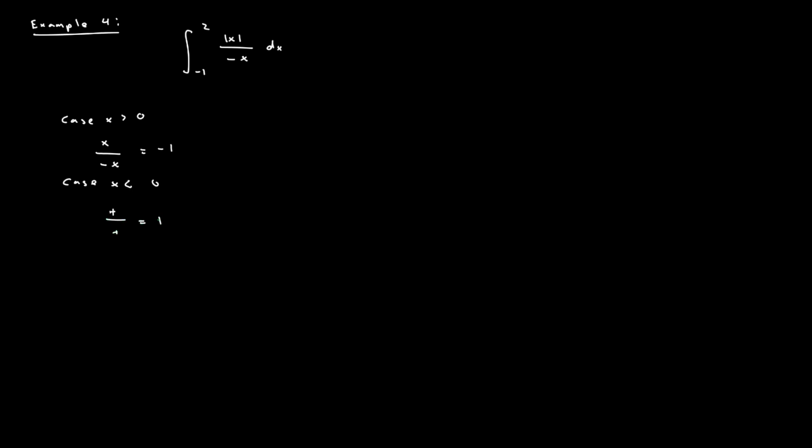So our function will end up looking something like this. For values greater than 0, there will be a line at y is equal to -1, and for values less than 0, we'll have a line at y is equal to 1.